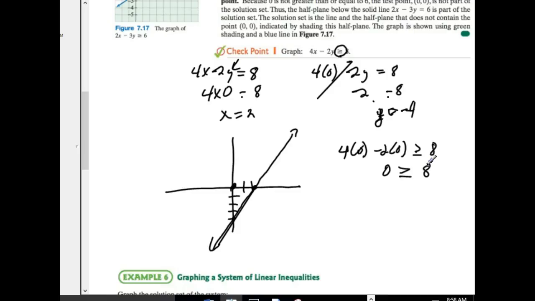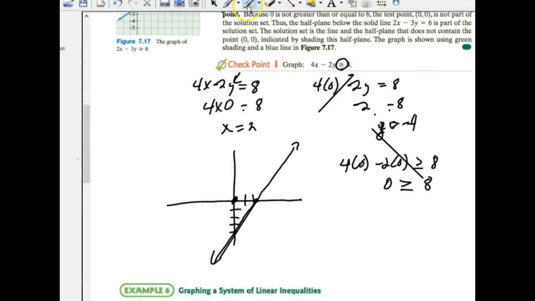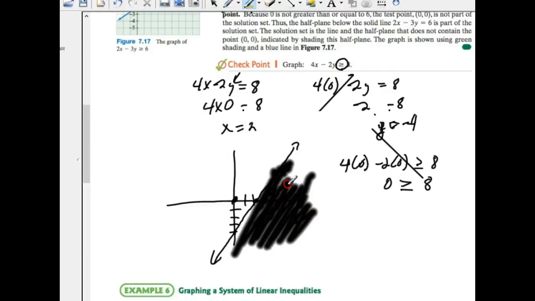So I'm not going to shade the side that (0, 0) is on. Rather, I'm going to shade the side that (0, 0) is not on, which is this side over here. So I end up shading that particular area over here. And that's the way you graph a linear inequality. All right? Hope this helped.